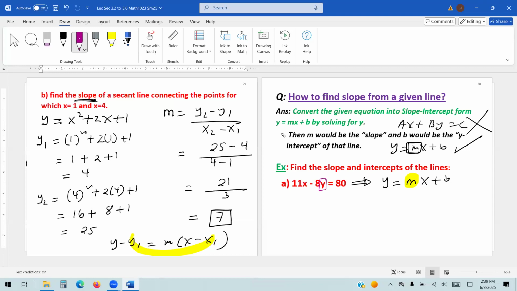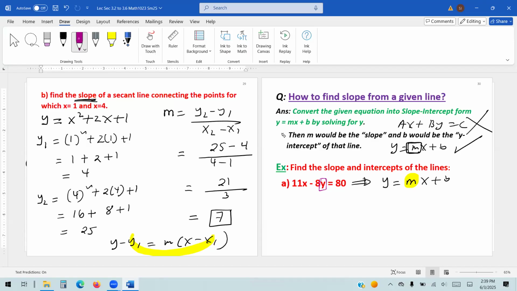What is your first step? Which one do you get to do first to get the y alone? Before that, you have to do something else. We always start with something that is far from what we have.